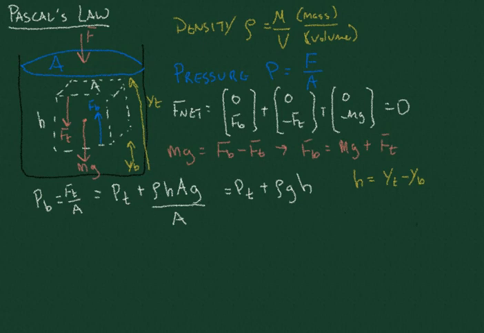And so this is Pascal's law, just that the pressure at the bottom is the pressure at the top plus rho g h. So notice it doesn't matter the shape of the container, it doesn't matter the shape of this object, it doesn't matter how wide it is, it doesn't matter what the area is. All we care about is the pressure at some point in a fluid is going to be the pressure at some other point plus the density times g times the difference between the heights.